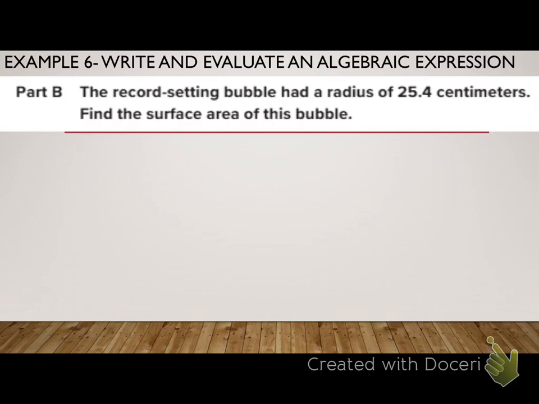So, part B, the record-setting bubble had a radius of 25.4 centimeters. Find the surface area of this bubble. So 4 pi r squared was our expression for the surface area, correct?